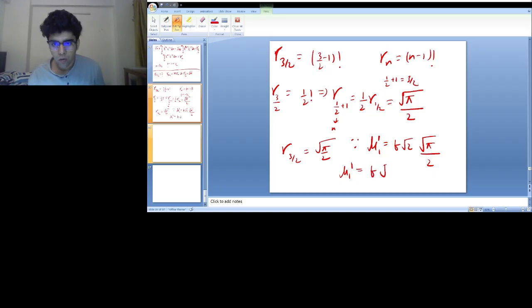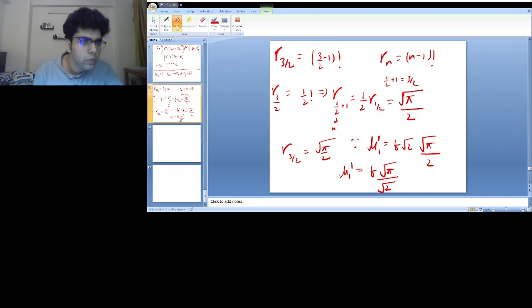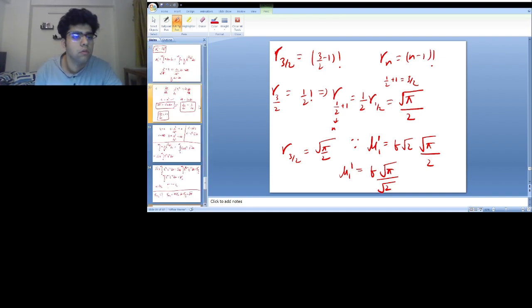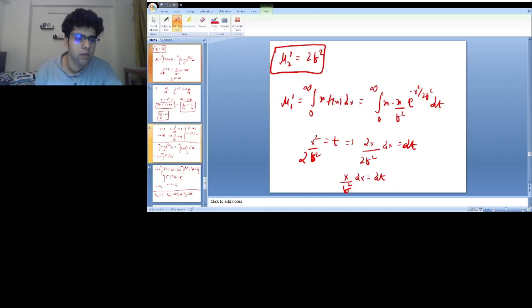I will be left with b root pi by root 2. Let me just check if I am right here. The first moment is equal to, yes, and my second moment with respect to the origin was also 2b square. Yes, 2b square, right?